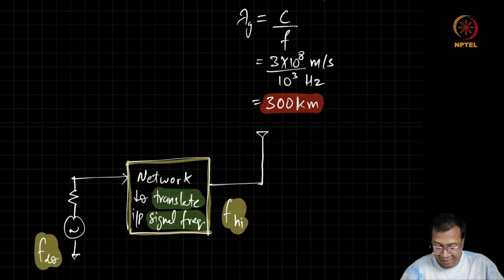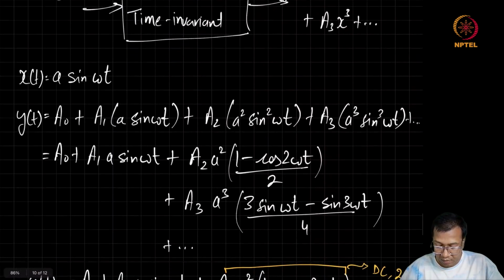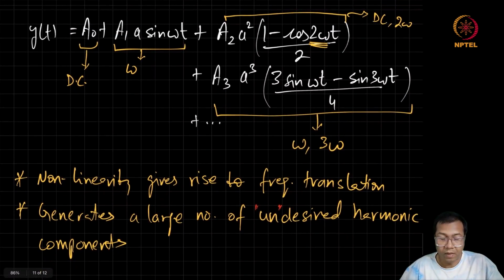So you can easily see that to do this huge reduction in the guided wavelength, the output frequency of this network has to be increased by several orders of magnitude. And obviously, using this simple nonlinearity is not going to result in the desired output frequency, because we may need nonlinear terms of the order of say 100 to 200 and so on, which is very impractical.